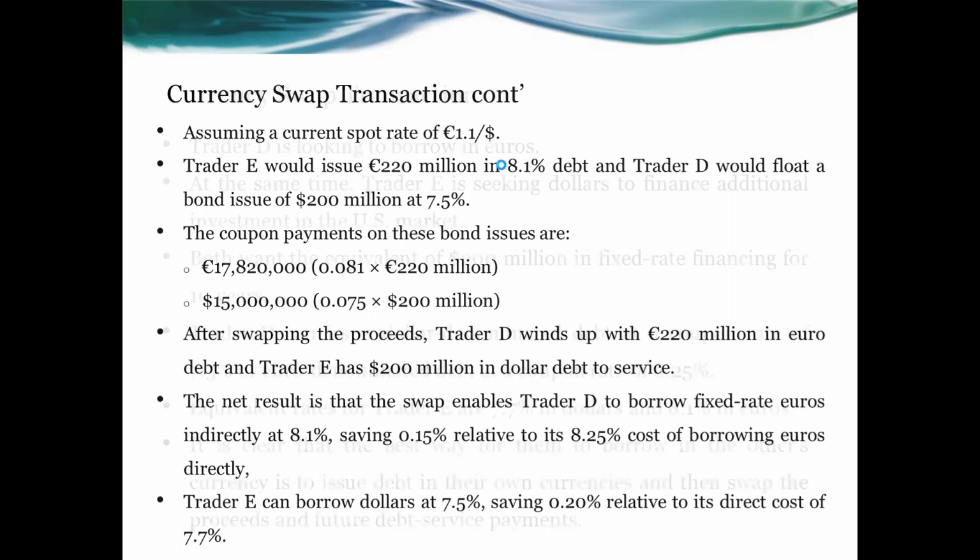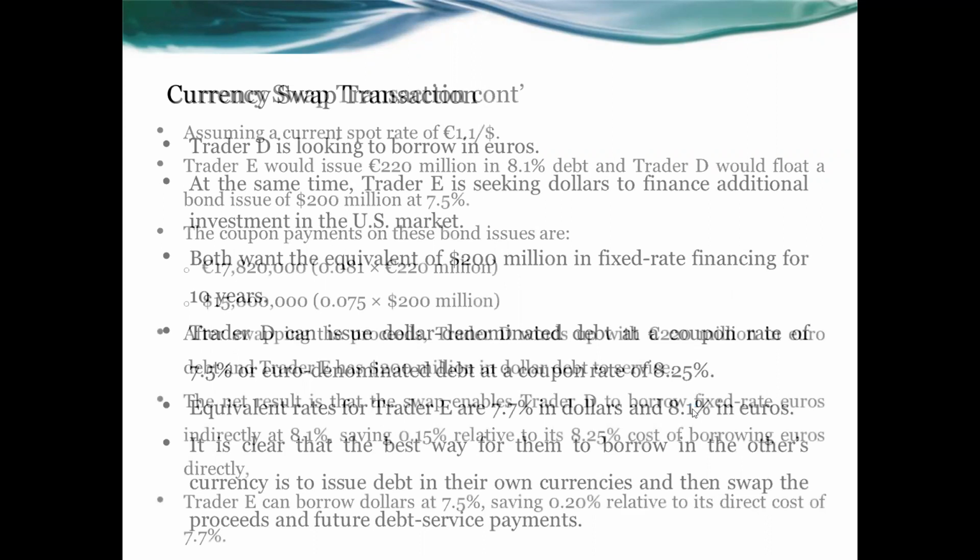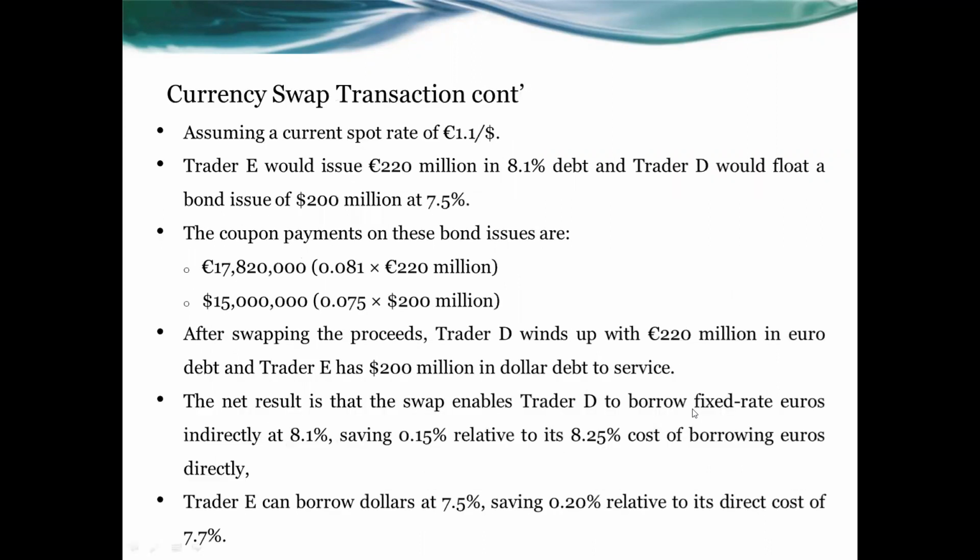Trader E already needs a dollar-denominated investment, and he can obtain a loan at 7.7% in dollars.